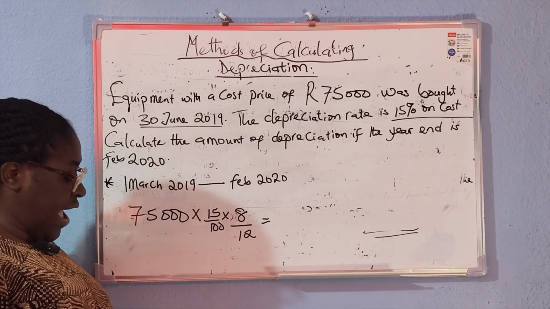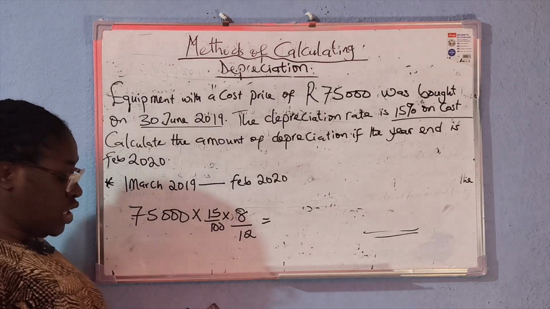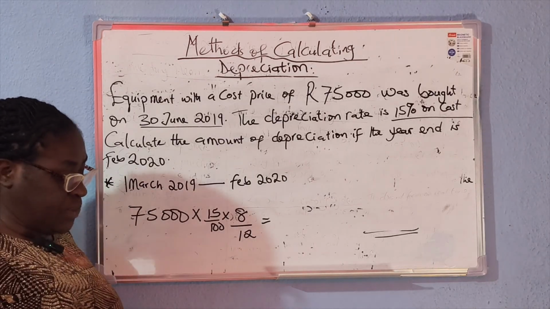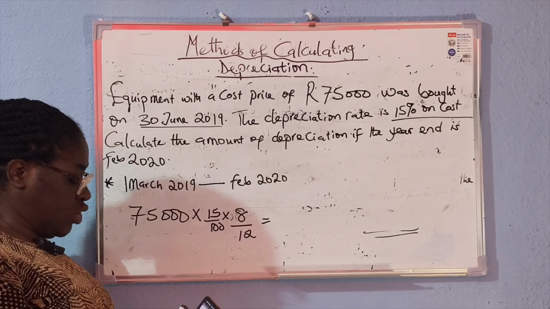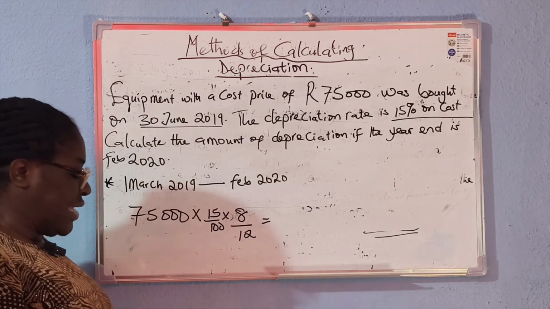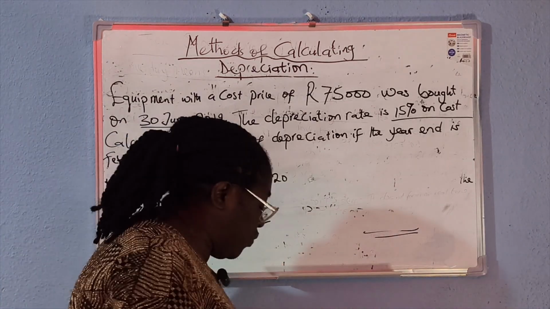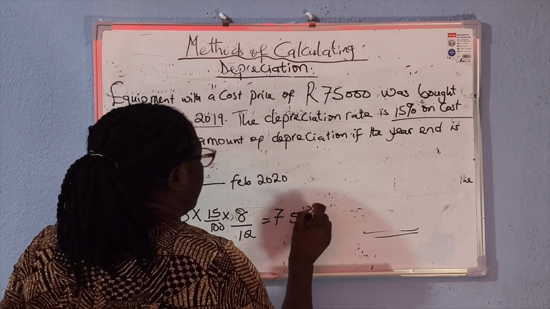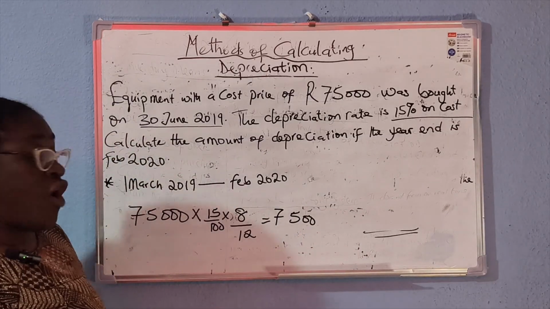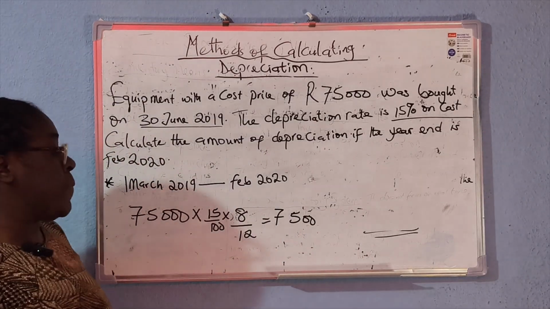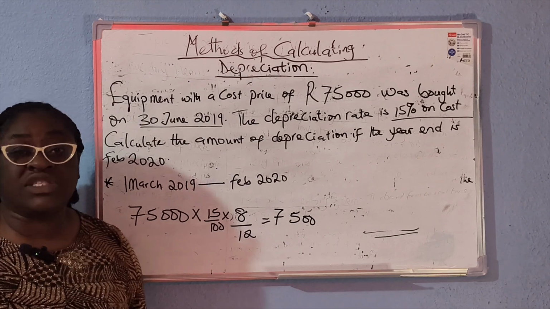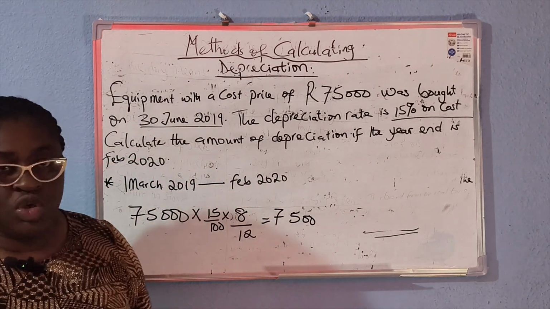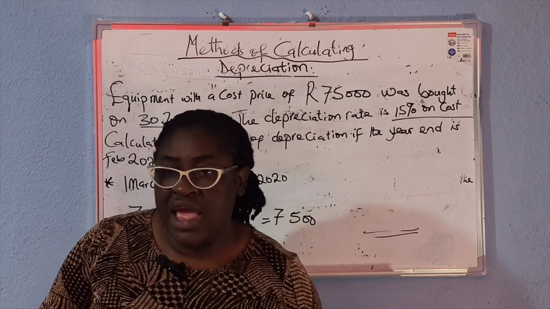For the whole year, it's 11,250. Then I multiply that by 8 over 12, and that gives me a depreciation of 7,500. It means that for 8 months, this equipment depreciates by 7,500. And that is me for today.